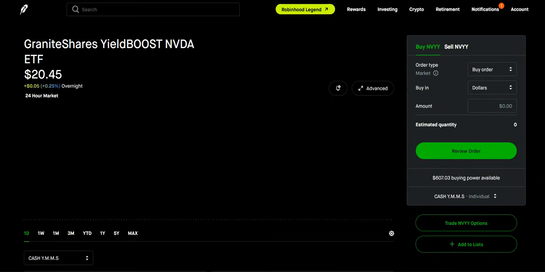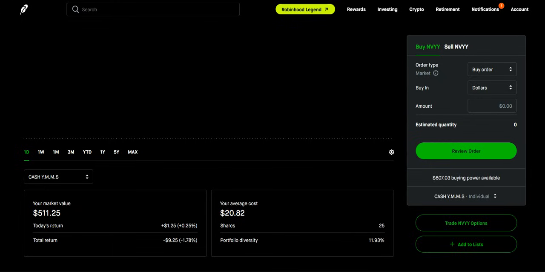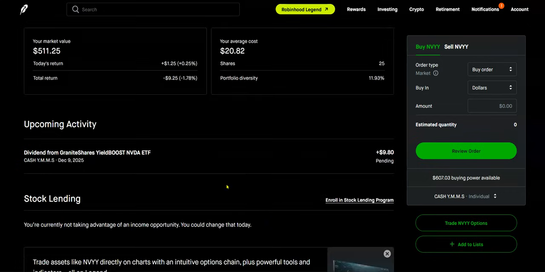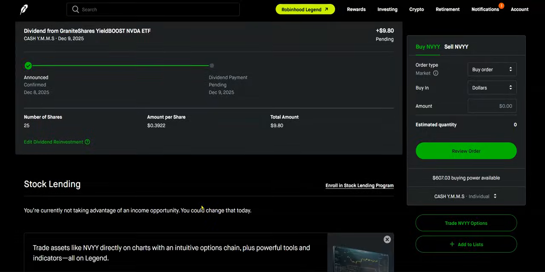Next, we got Granite Shares NVIDIA, NTF, $20.45. It's up 5 cents in the overnight market. Our market value is at $511.25. We're down $9.25 for an average cost of $20.82 for 25 shares. We have 25 shares at 39 cents. That's $9.80.